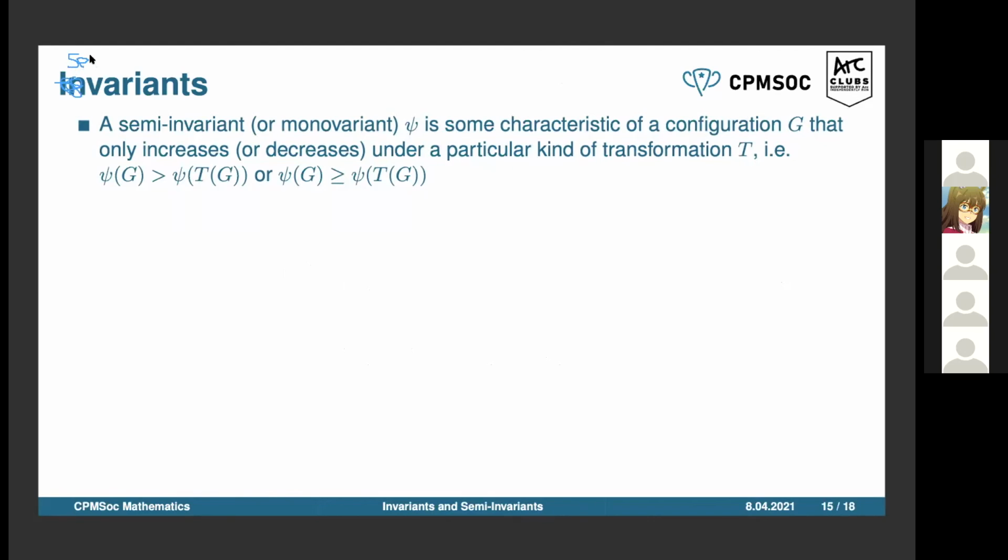Rather than talking about the function of the setup staying the same, we're saying that it only increases in the same direction when you apply the transformation, or it decreases in the same direction. And this can be an abstract increasing or decreasing.